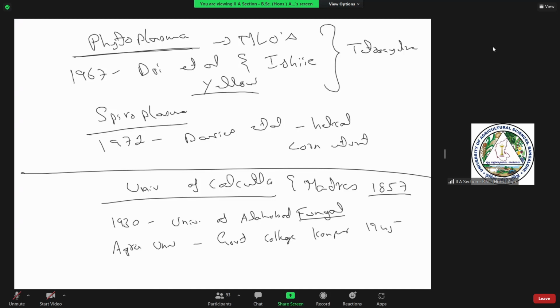But the organized way of teaching plant pathology was started in IARI, the Indian Agricultural Research Institute. The subject received importance with the support of all these disciplines, mycology, bacteriology, virology, and nematology. All these subjects combined and made plant pathology.